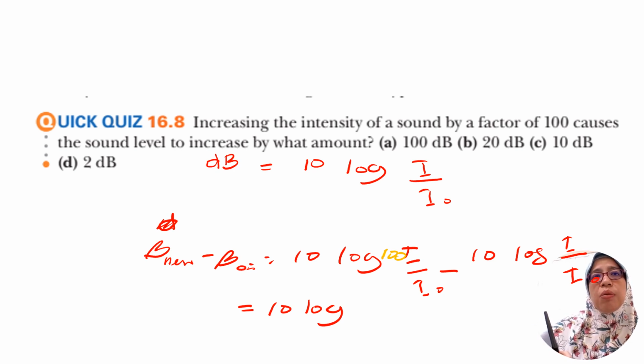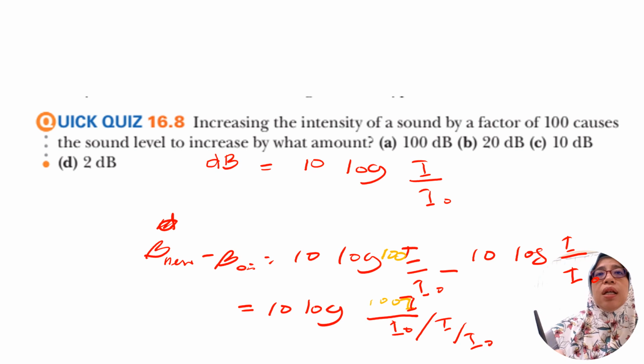Jadi dia akan bunyi 100 I over I naught, and then divide balik dengan I over I naught. Jadi expression ni akan tinggal only equivalent to 10 log 100. 10 log 100, tekan calculator, you're going to get the answer. Okay.